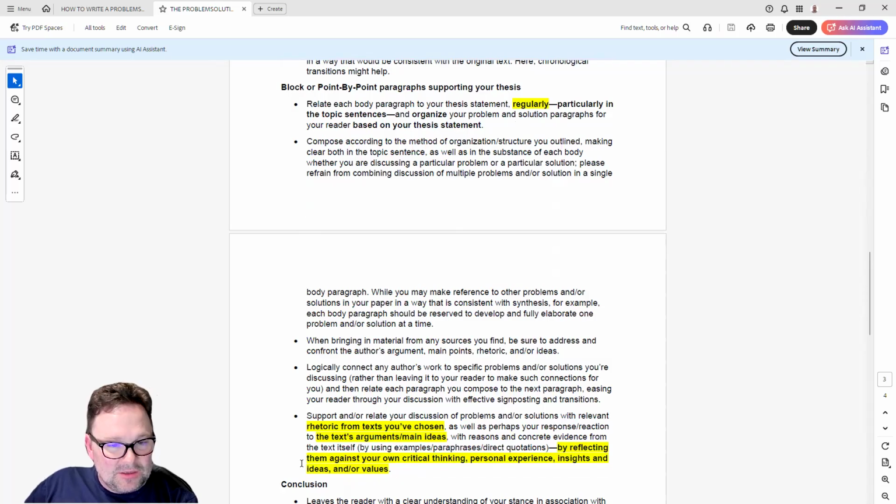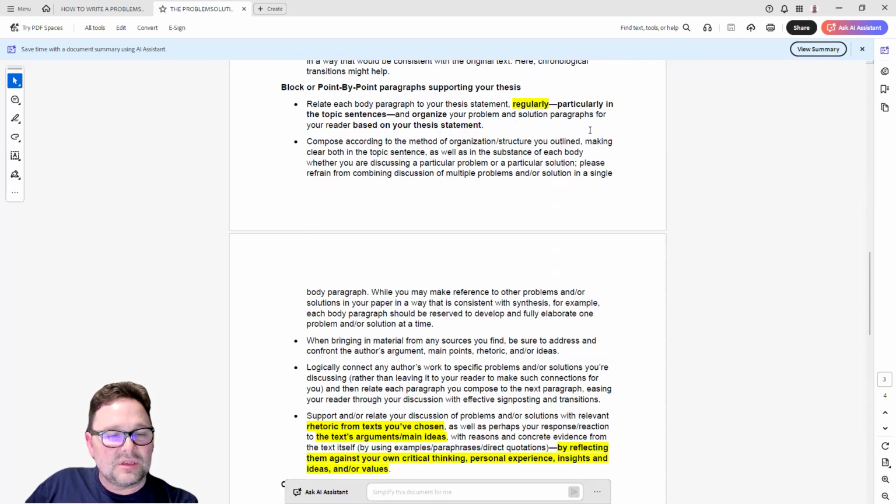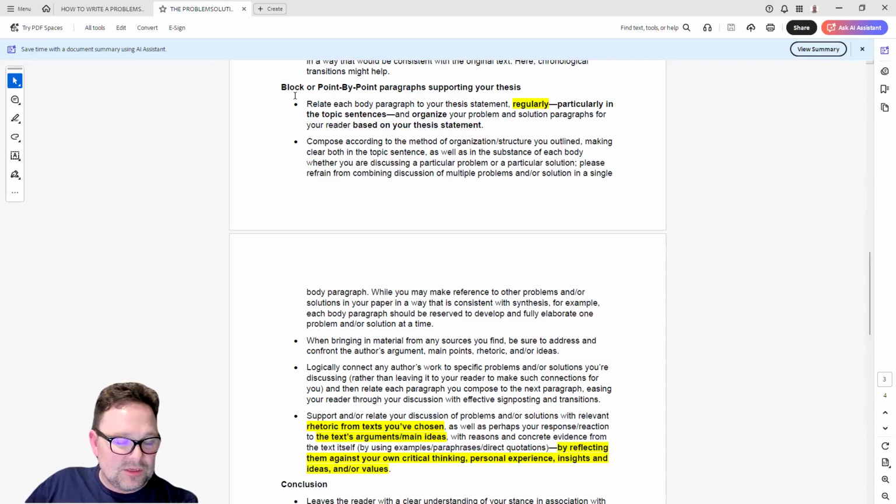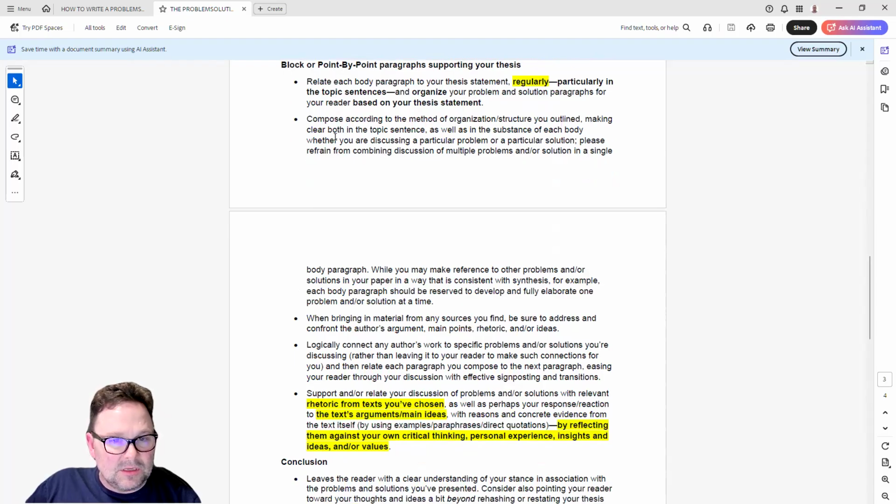So I just tried to boil it down, like what is going to go in the problem and solution paragraphs, either of these organization or structural methods. And you could probably predict some of this. I want to see some very focused, very effective topic sentences that are reflective of your thesis statement.